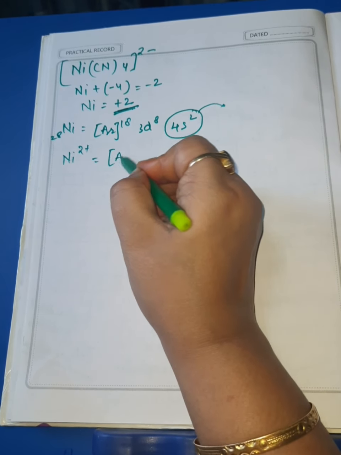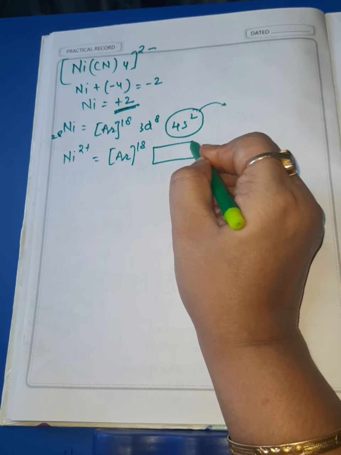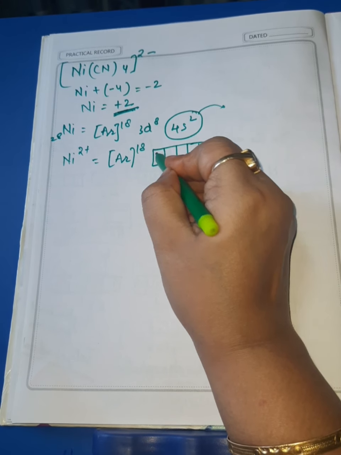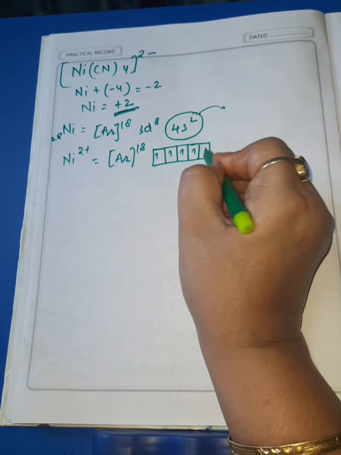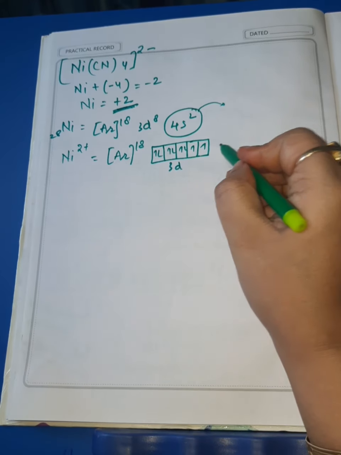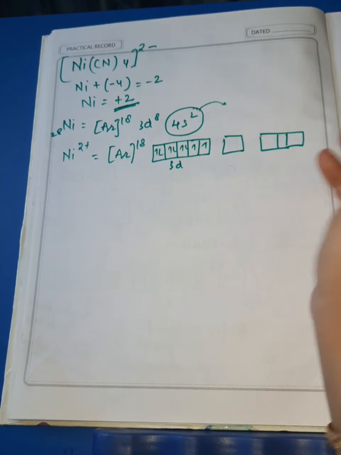So argon 18 in Ni2+, and then we have 3D with the 8 electrons and 5 orbitals. So 1, 2, 3, 4, 5, 6, 7, 8, 3D, 4S is empty and its 4P is also empty.